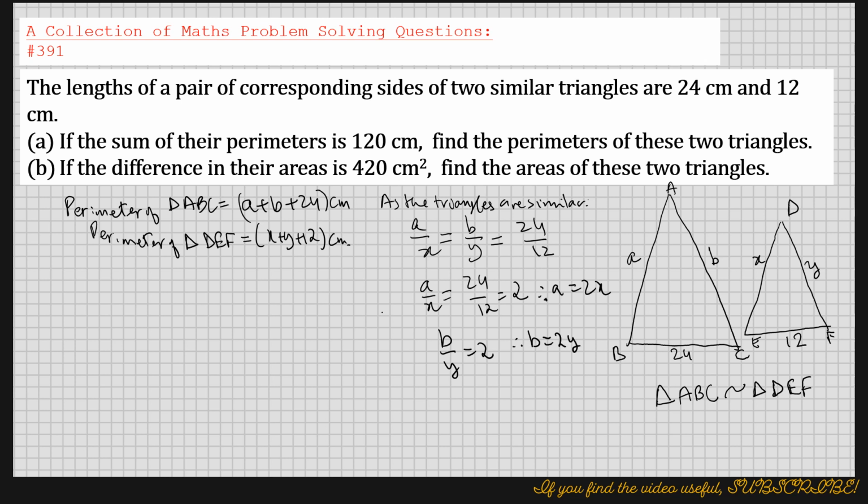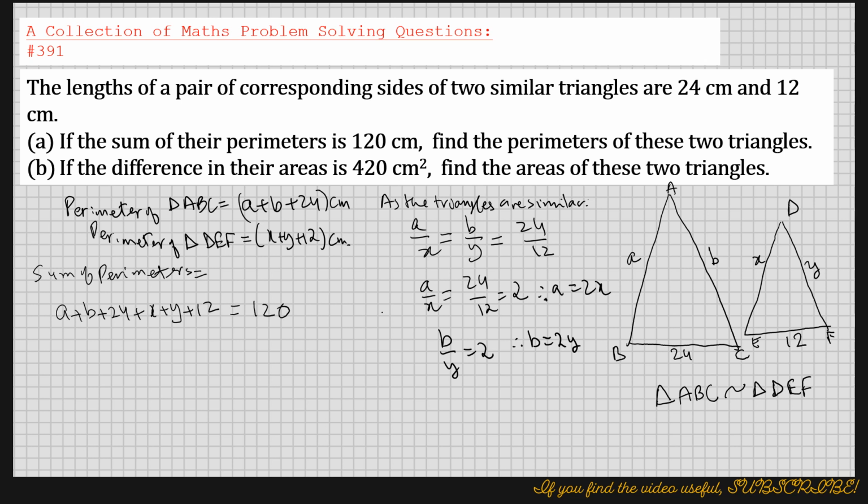So once we get that and we add up the perimeters, the sum of perimeters equals a plus b plus 24 plus x plus y plus 12, and that equals 120.